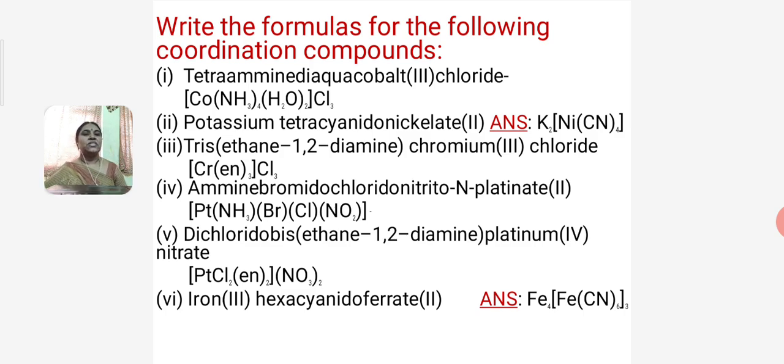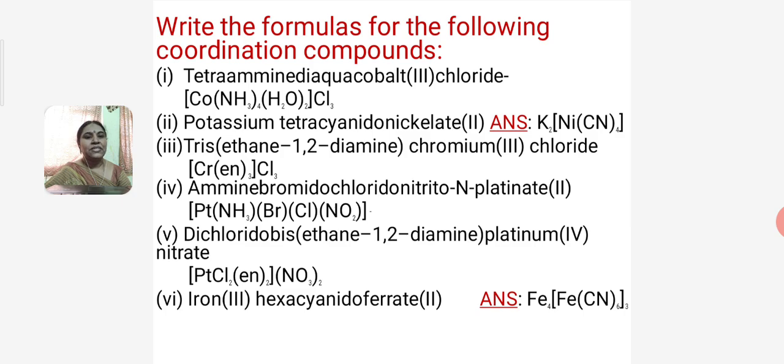And the next compound is dichloridobis(ethane-1,2-diamine)platinum(IV) nitrate. Dichloridobis(ethane-1,2-diamine)platinum(IV) nitrate is the name of the complex. Then how to write the formula? First, identify the central metal ion, it is platinum.